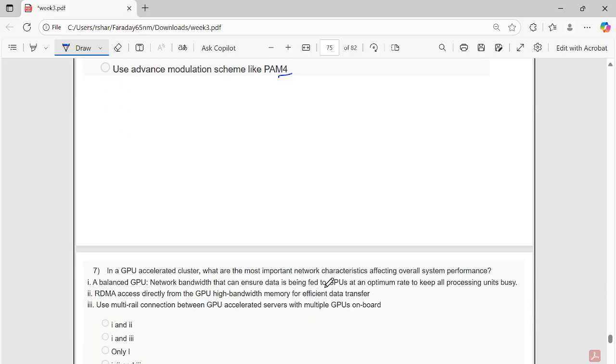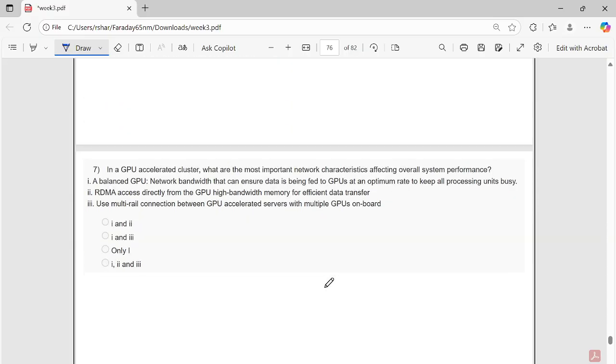Okay. Next question. In a GPU accelerator cluster, what are the most important network characteristics affecting overall system performance? The most important are balanced GPU network bandwidth to keep the GPUs fed optimally.